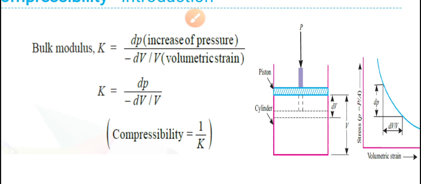Now, bulk modulus K is equal to increase of pressure dP divided by volumetric strain, that is minus dV by V. Here also that figure is carried on. Therefore, bulk modulus of elasticity K is equal to dP divided by minus dV by V. Compressibility is equal to 1 upon K. If you take the reverse of bulk modulus, you will get compressibility.